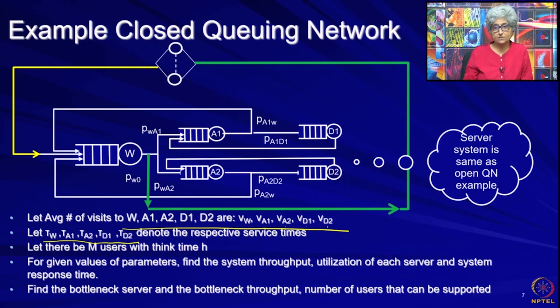But the difference now is that we will have these M users with the think time H. And then we have the typical concerns, some questions will be slightly different for this network, but otherwise we do want to find the system throughput, the utilization of each server and the system response time for a given load level.